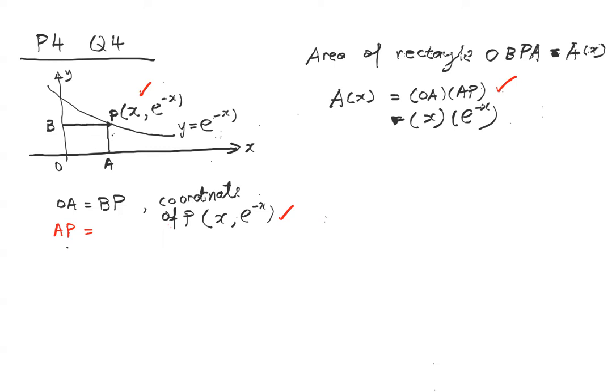Okay, then find the coordinates of P when rectangle OABP has a maximum. So the part B. So whenever you have this type of question in the exam, if you can't do part A, can you continue with part B? The answer is a yes.